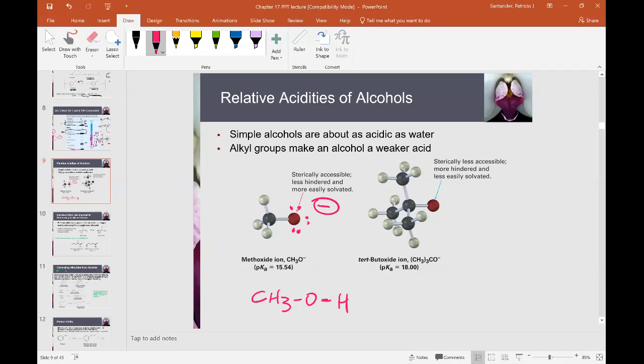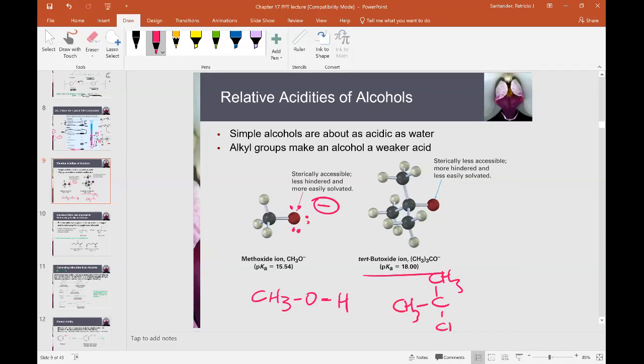Then we can do the same thing with tert-butoxide. You have three methyl groups attached to the carbon atom that is bearing the OH. Here also I will put my lone pairs there, and that is the conjugate base. Due to the size of the alkyl groups, it's more difficult to solvate the O minus of the alcohol in the tert-butoxide.